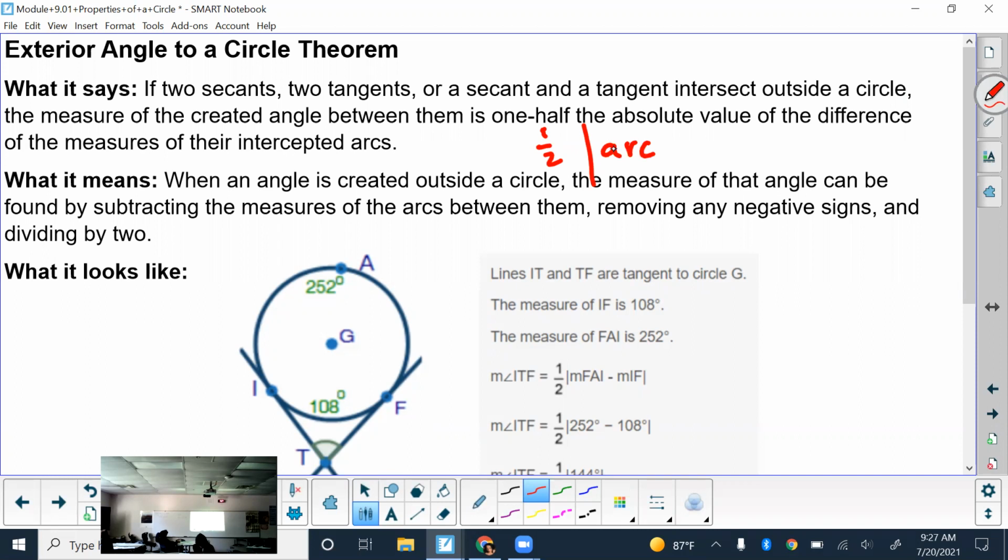So arc 1 minus arc 2. Those are absolute value symbols, not parentheses. That's going to be the measure of your exterior angle for the circle. So write that down. Star it, highlight it, whatever you need to do.